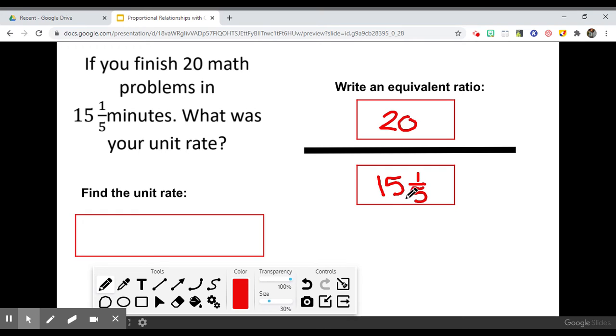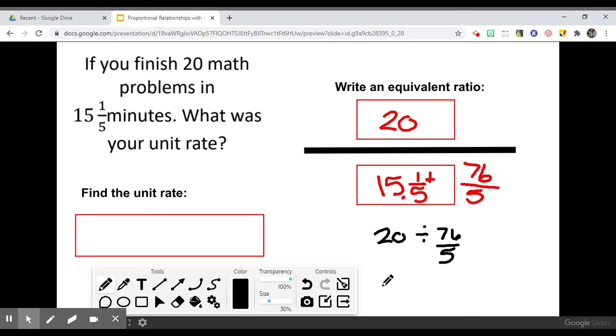So I need to do 15 times 5, which is 75, and then add that little 1 on top. So really, since we're doing unit rates with fractions, this fraction down below should read 76 over 5. I'm going to do a little bit of work down here on the bottom so I can get my unit rate. I'm going to do 20 divided by 76 over 5.